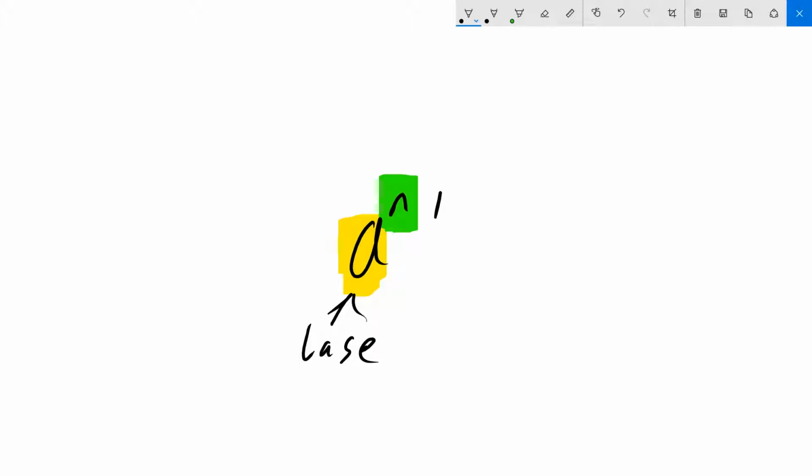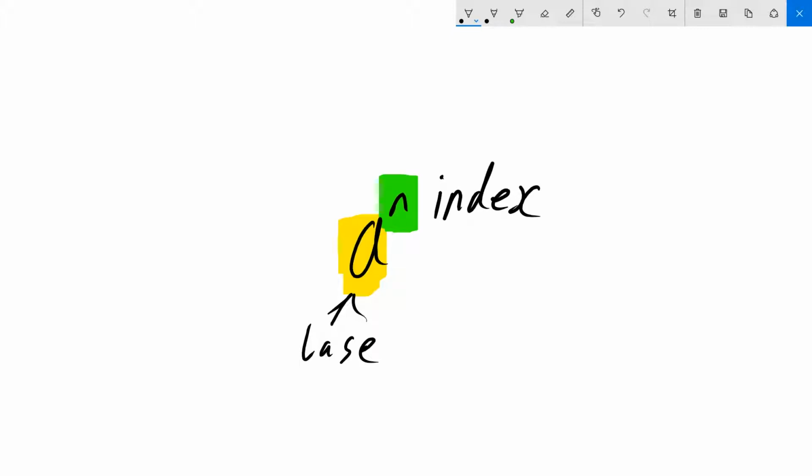So, let's start by explaining what is an indice. An indice is any number to the power of any other number. This highlighted in yellow here is called the base, and this highlighted in green here is called the index.